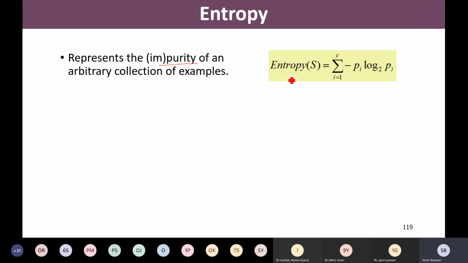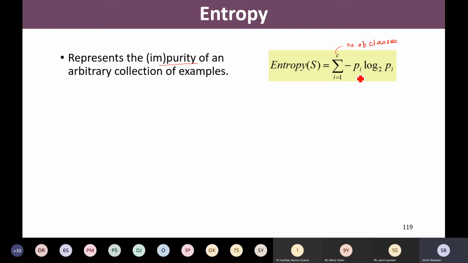The mathematical formula that helps us compute entropy is: entropy of data set S is given as summation over i equal to 1 to C of minus pi log of pi to the base 2, where C is the number of classes that we have. So if I have 2 classes, then the value of C will be 2. If I have 3 classes, the value of C will be 3. So C is the number of classes that we have.